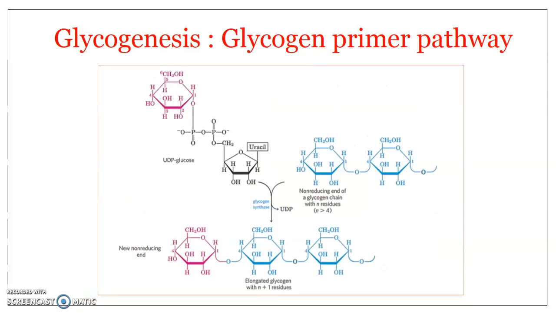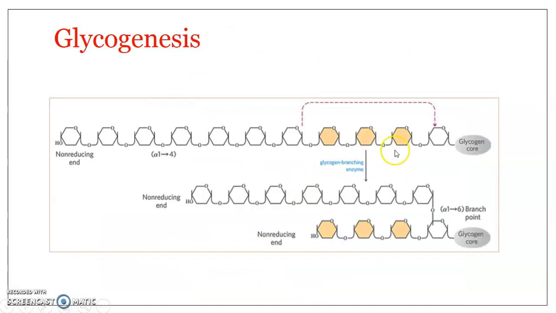So this is the glycogen primer pathway where UDP glucose transfers a glycosyl residue onto the non-reducing end of the glycogen chain. And here you can see how the branching enzyme works. It breaks a 1,4 glycosidic bond and attaches the fragment to a glycosyl residue on the chain by way of an alpha 1,6 glycosidic bond, which creates a branching point and a new non-reducing end.